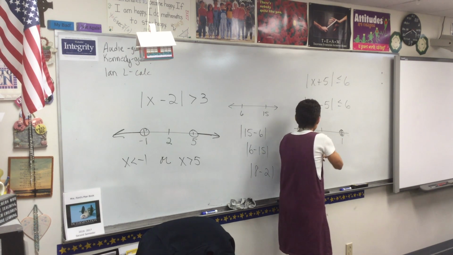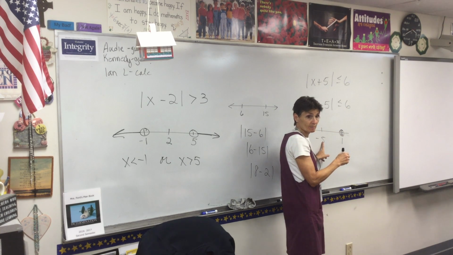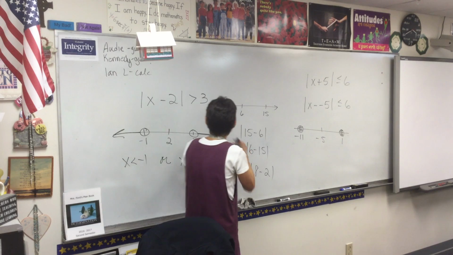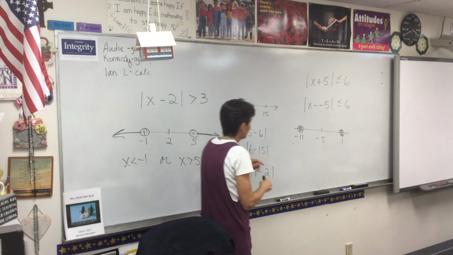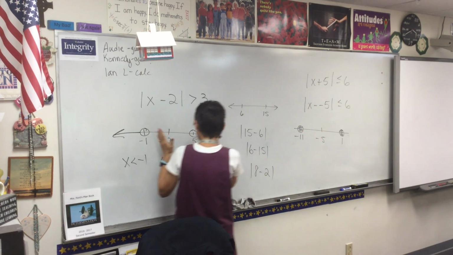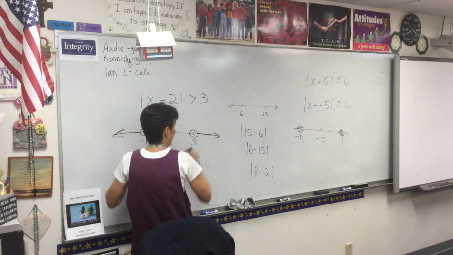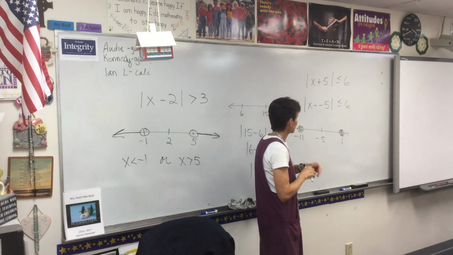Now those are solid dots this time because there's an or equal to, you remember that. These were open dots because this one was not or equal to. Now, I'm either going to shade outside the dots like I did this time, or I'm going to shade in between the dots. Now think about what it says.